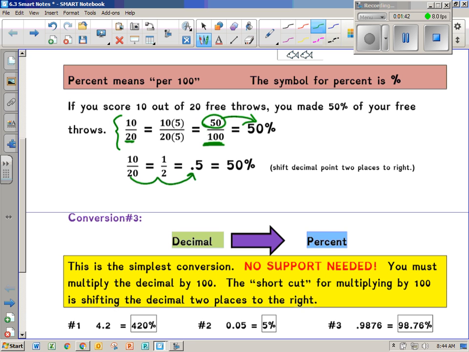And then per 100, it's like you're multiplying the fraction by 100. So the decimal moves 2 places to the right, so that would give you 50%. Not to be confused with 5%. 5% would be 0.05, and you'd move it 2 places. So you don't want to get those mixed up. Big difference.